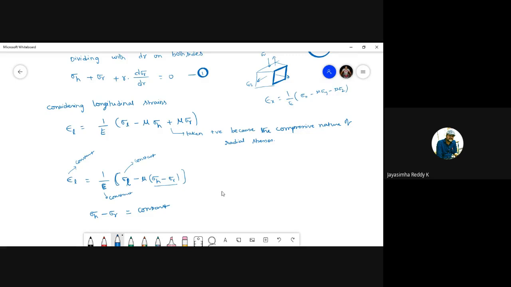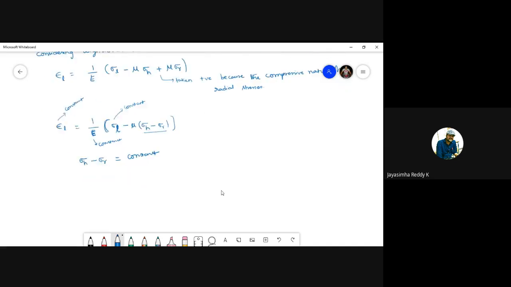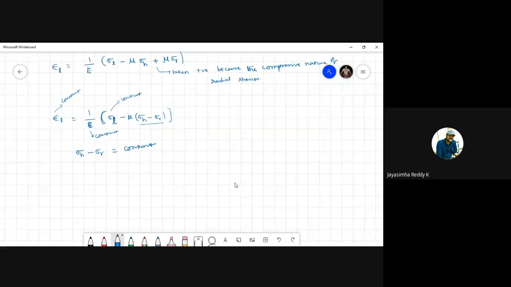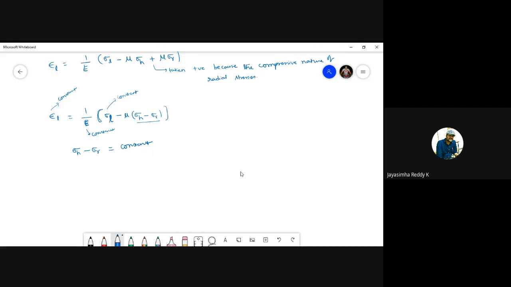Okay, as a constant, I'm just assuming sigma H minus sigma R as 2a. Let us assume, students, any doubts here?